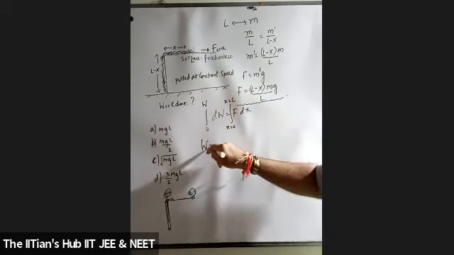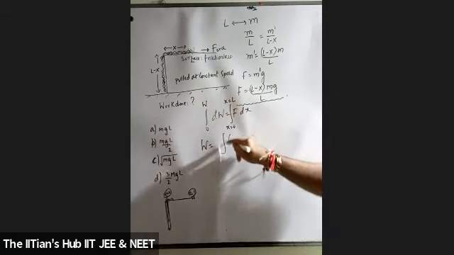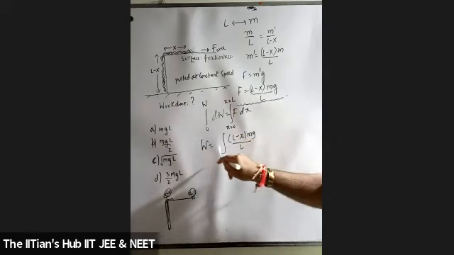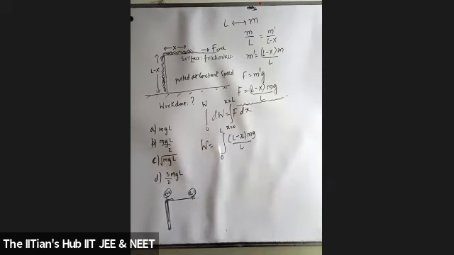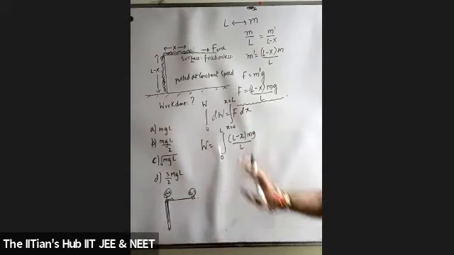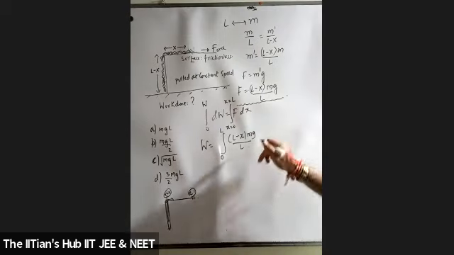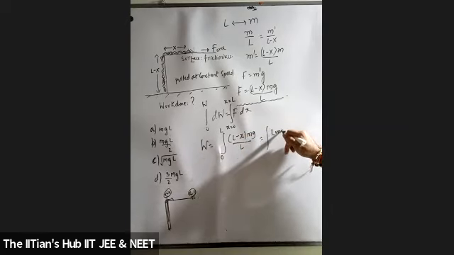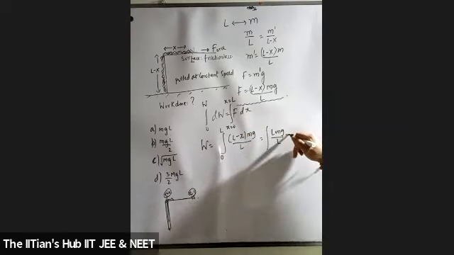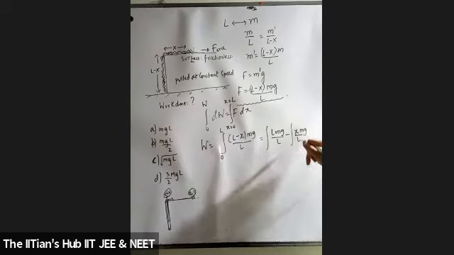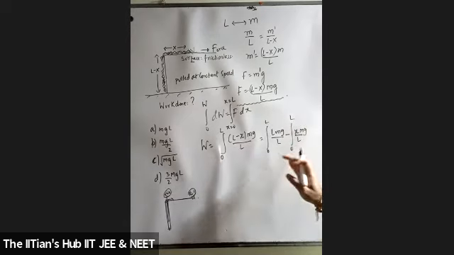Integration of dW will be W. Integration of F will be what? (L minus x) mg upon L, initial is 0, final is L. Now students, can you solve this simple integration? What will you do? Sir, we will solve it: multiply, so it will be L into mg upon L minus x into mg upon L, from 0 to L. Is this clear to everyone?